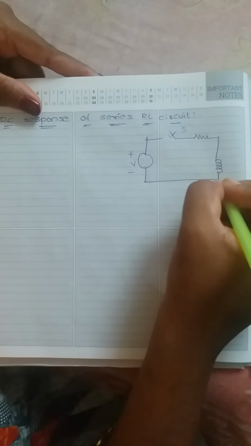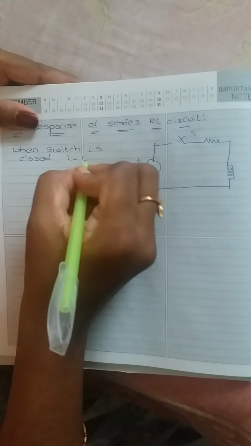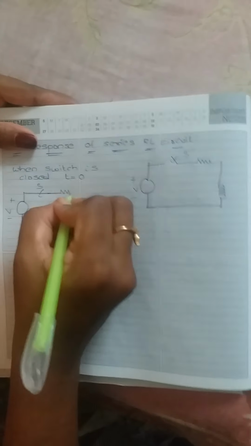Now I am drawing the series circuit with a connecting switch S. When the switch is closed, that is t equal to 0, the circuit should be like this. I am taking the current I.